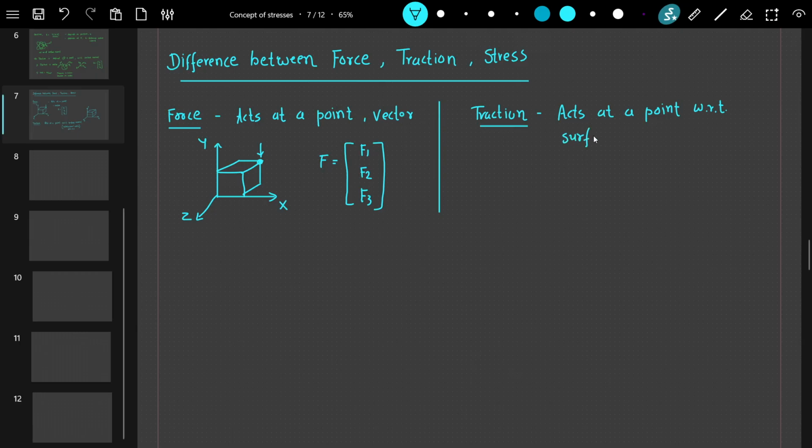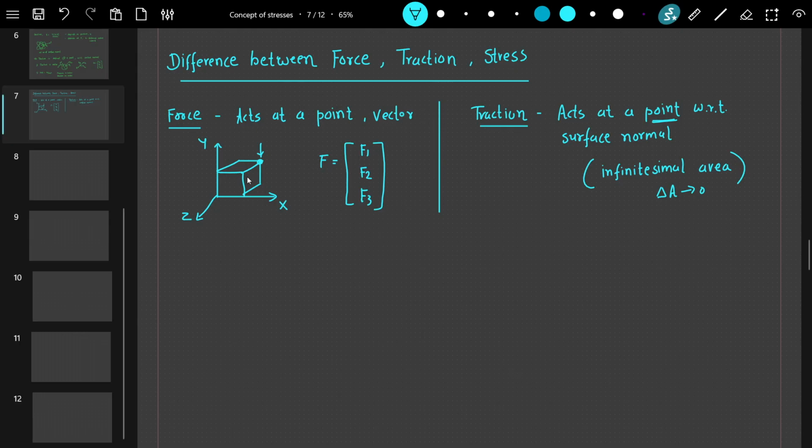Okay, and it is actually the intensity of the force which acts at a point with respect to the surface normal. So at macroscopic level, it is a point. At microscopic level, it acts at an infinitesimal area, delta A, which tends to 0, becomes a point.